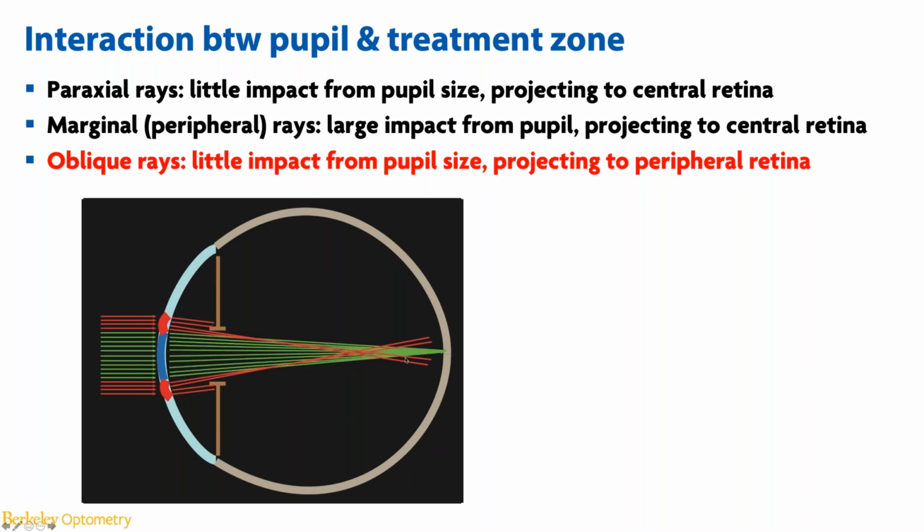The second type of rays is called the marginal rays or peripheral rays, designated as red here. These are rays whose incidence angle is also parallel with the optical axis, but they are a little bit further away from the visual axis.